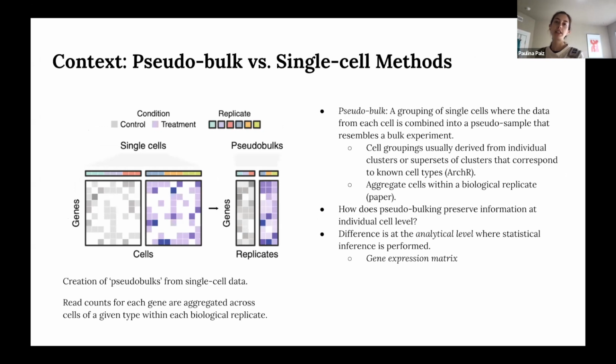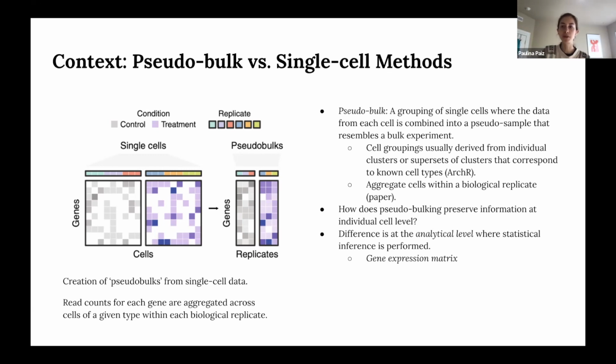Then a bit more of context, because I recognize that it's very important to understand the difference between pseudobulk and single cell methods in order to compare the benefits and shortcomings of each, which is what this article is doing. So pseudobulk more generally refers to groupings of cells. How you do this grouping can vary.